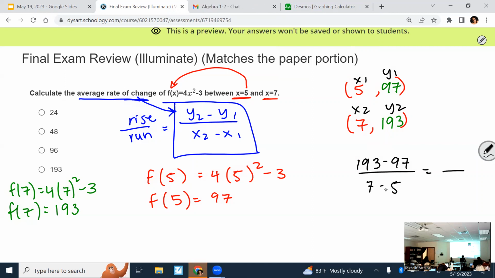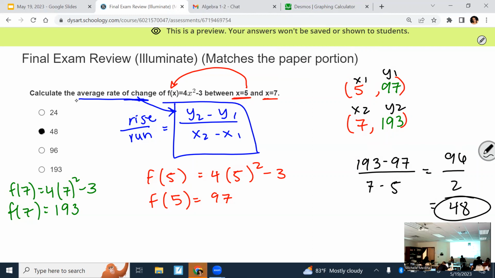I know 7 minus 5 is 2. I think I need a calculator for this, but is it 96? Yeah. And then you still need to divide it by 2, and that gives you your average rate of change as 48. I did that earlier, so that's why I remember the answers.